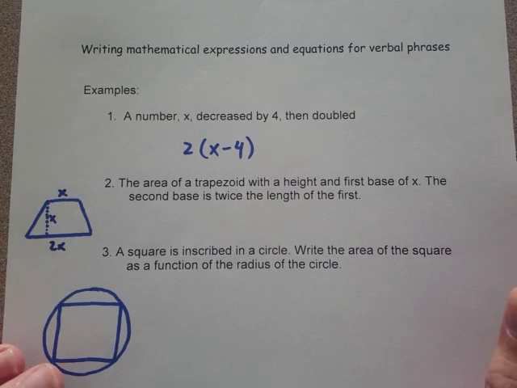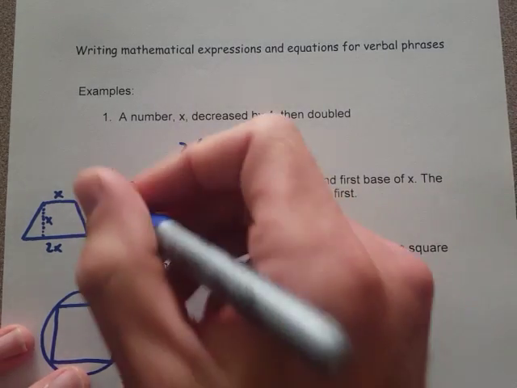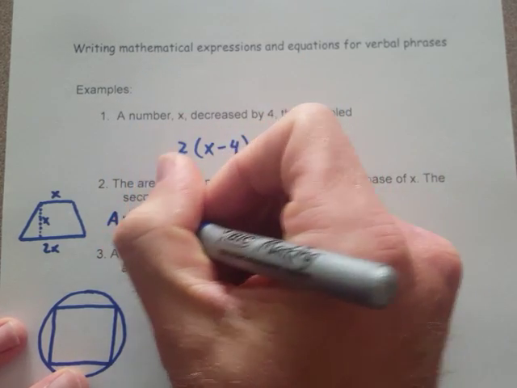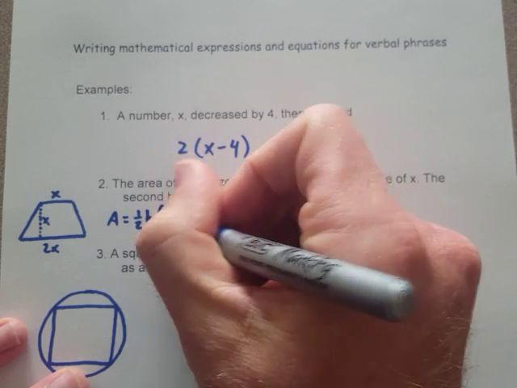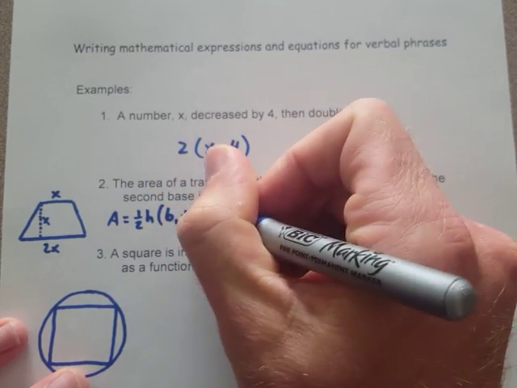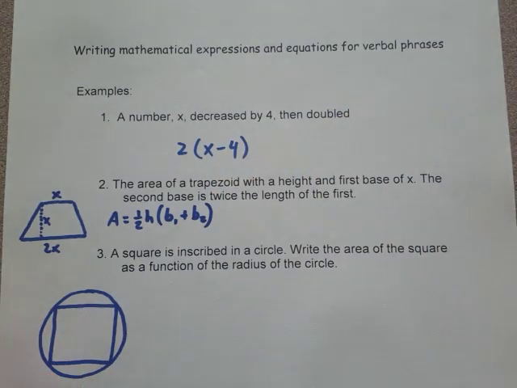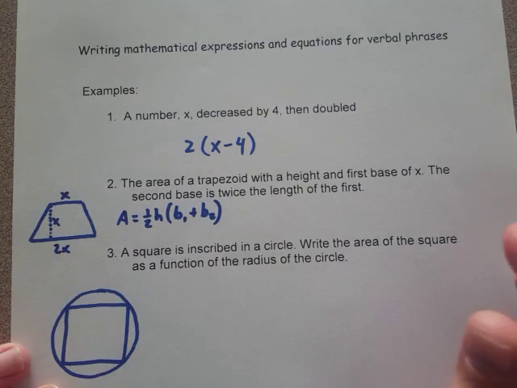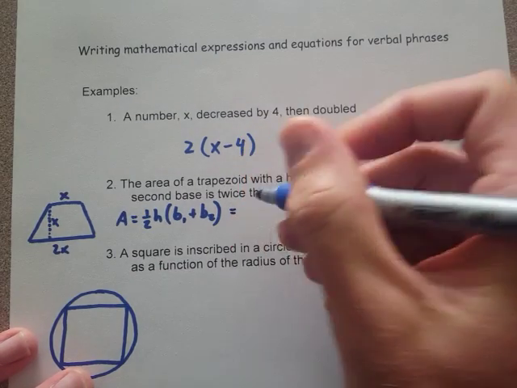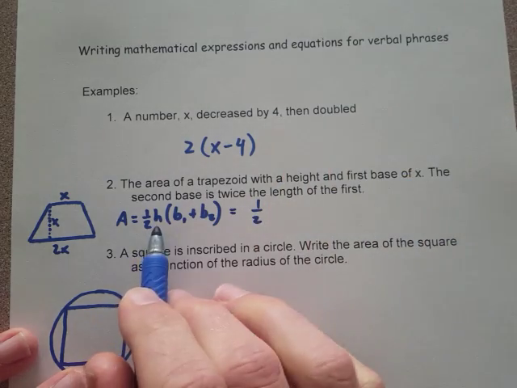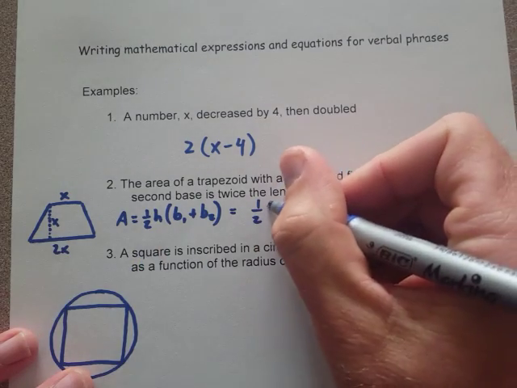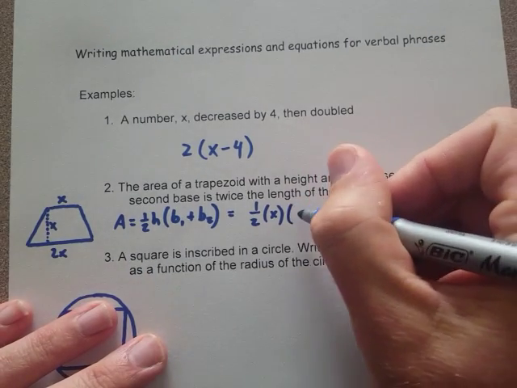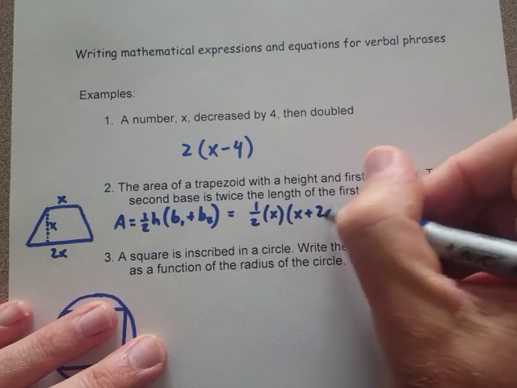Now, the area of a trapezoid, we'll have to recall the basic formula for that, and it is 1/2 h times (b1 + b2). What we're going to do is fill in this formula based on the picture that we've drawn here. Height is going to be replaced with x. b1 and b2, we'll just plug those in as x and 2x.